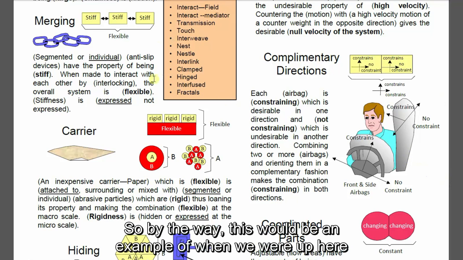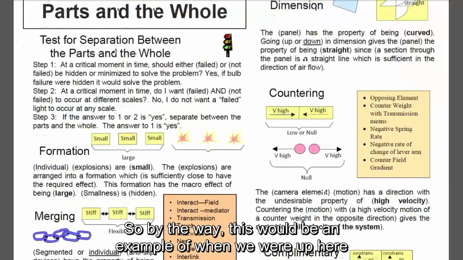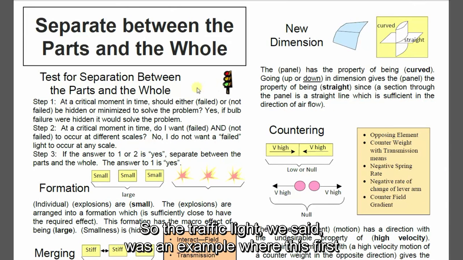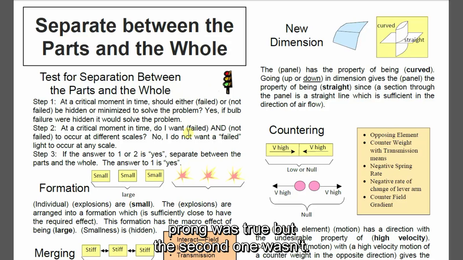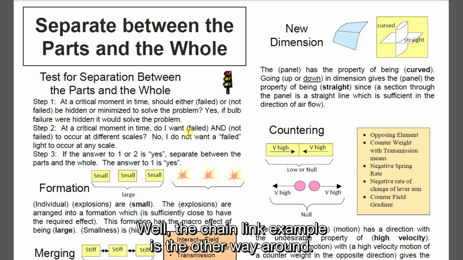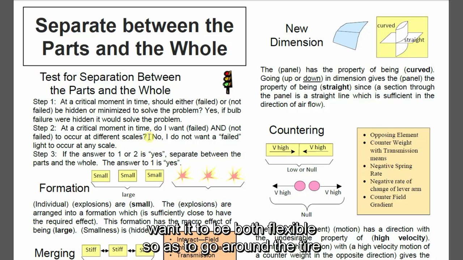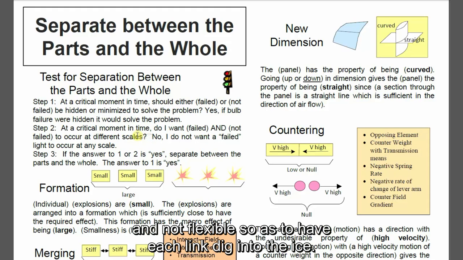So, by the way, this would be an example of when we were up here and we said we were looking for either this or this to be true. So the traffic light, we said, was an example where this first prong was true, but the second one wasn't. Well, the chain link example is the other way around. There is a particular point in time, namely when you're driving the car with the chain on your tires, that you want it to be both flexible so as to go around the tire, and not flexible so as to have each link dig into the ice.